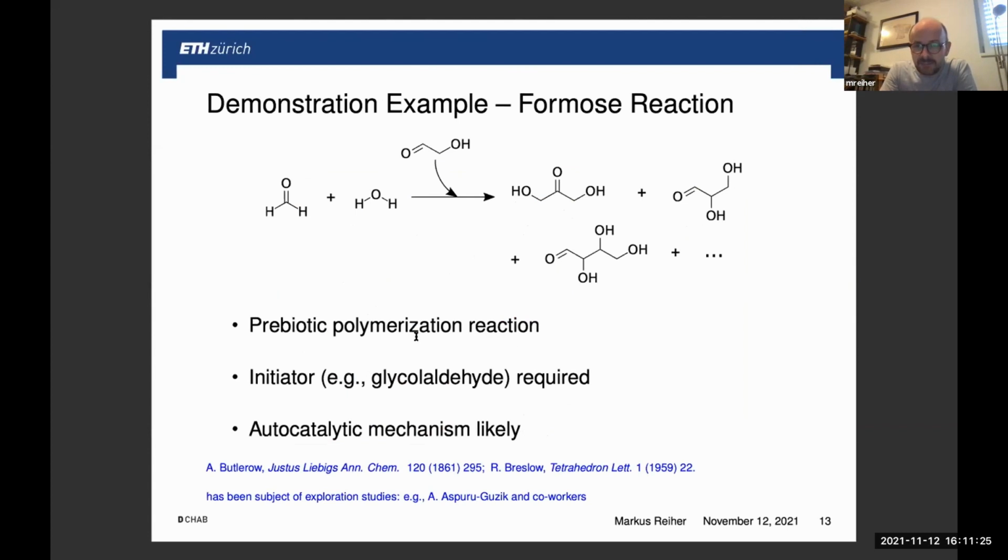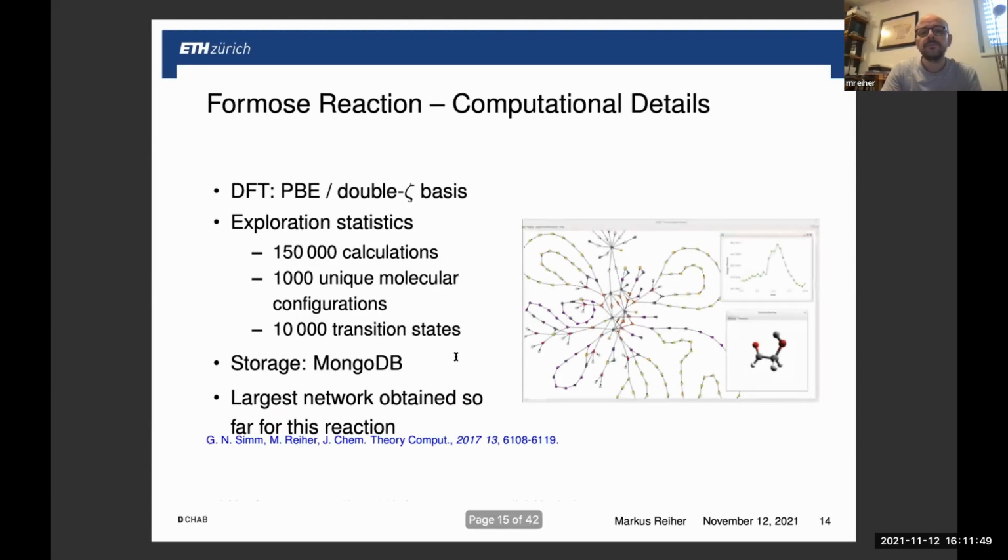To show you an example how that looks in practice on the chemistry side, this is the first example that we actually considered, the Formose reaction. It's considered to be of prebiotic importance because from very simple molecules you can generate sugar molecules, and actually that has all been studied before, so that's why it was a good target for us by Alan Aspuru-Guzik's group.